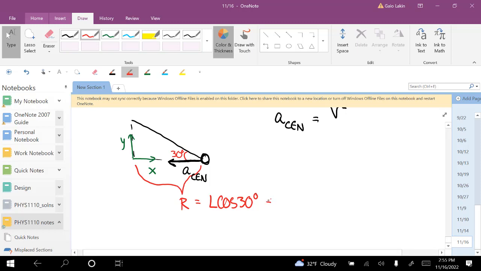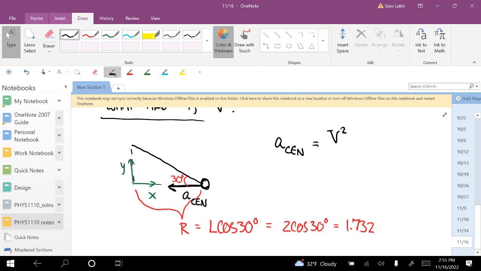So in this case, that's equal to 2 times cosine of 30, which is 1.732 meters. So the centripetal acceleration is v squared over 1.732.